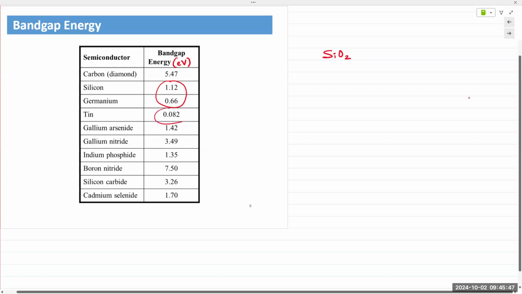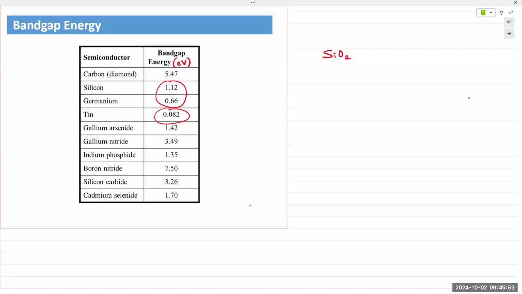And then tin, as you see here, has a very small energy gap. I personally just refer to all metals and conductors as having zero energy gap. In real life, of course, everything is never zero. There's always a small number attached to it.